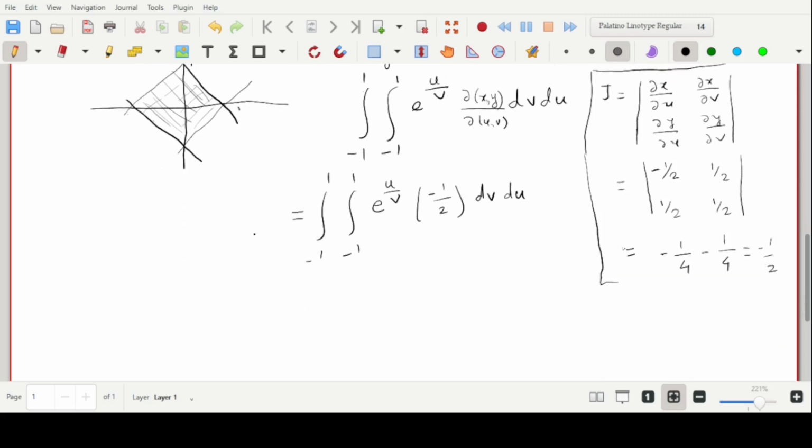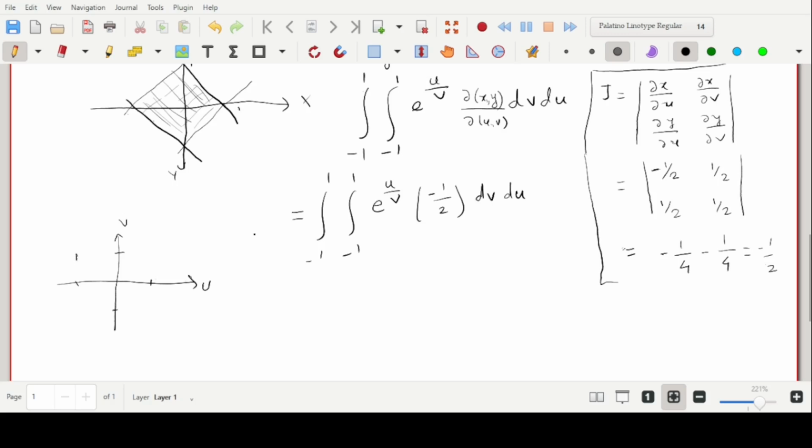Suppose this was the xy coordinate system, this was the y-axis. If this is now the uv coordinate system, then v is varying from -1 to +1, and u is also varying from -1 to +1.